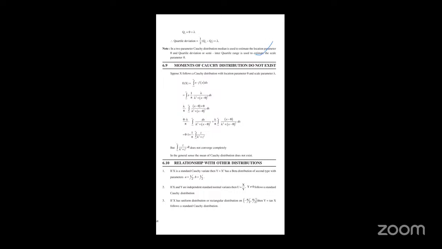So we have a standard Cauchy distribution. First we'll do the expectation of x. It can be written as the integration from minus infinity to infinity of x into f of x into dx. In the place of f of x, we are substituting the f of x value, and we take the constant outside. So it becomes lambda by pi, integration minus infinity to infinity. x can be written as x minus theta plus theta.